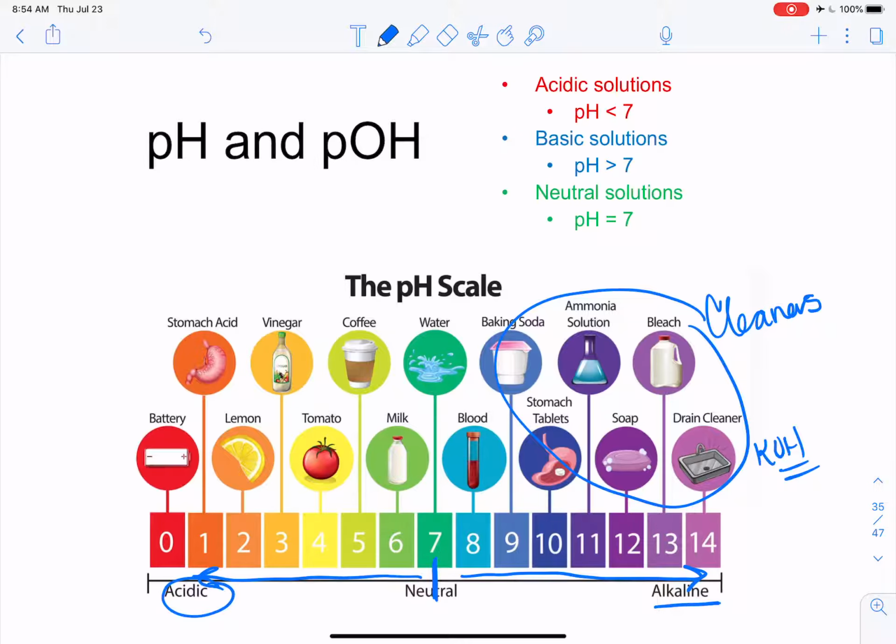And over on the acidic side, what you'll notice is we have a lot of things that we like to put in our food or eat as food. And this makes sense when you think about the things that we put on our food. Like we like lemon chicken or orange chicken, or we like tomato sauces, and those have an acidic or a tart taste to them.